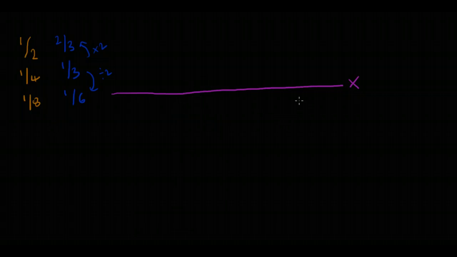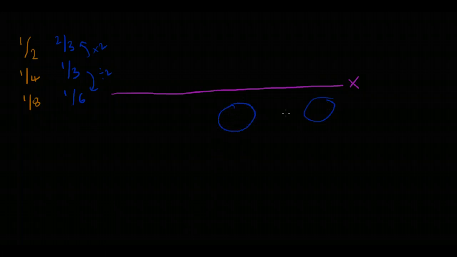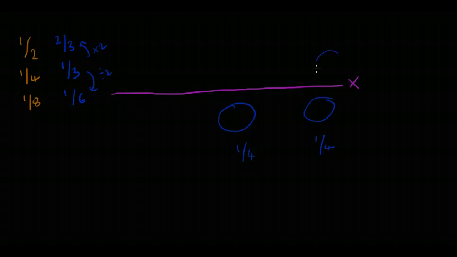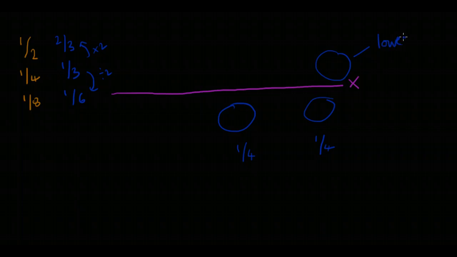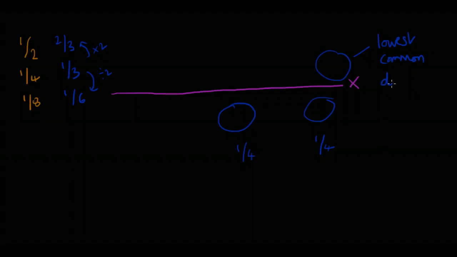So let's say we have two fractions. We have one relative here and we have one relative here, and let's say one of them gets a quarter and another gets a quarter. What we need to do is place a number here, which again is the lowest common denominator.